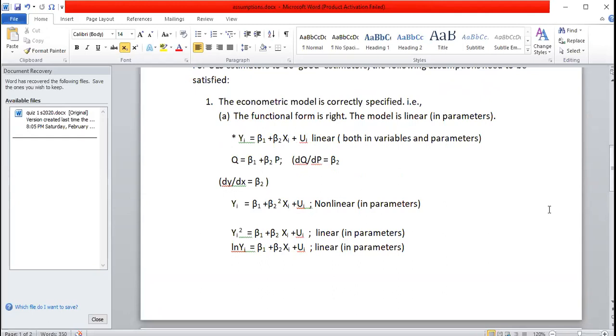Okay, so now you are ready to submit your homework. You will do it in 3 days. When the model is correctly specified, it means that if it's a linear model, you have to write the linear model.